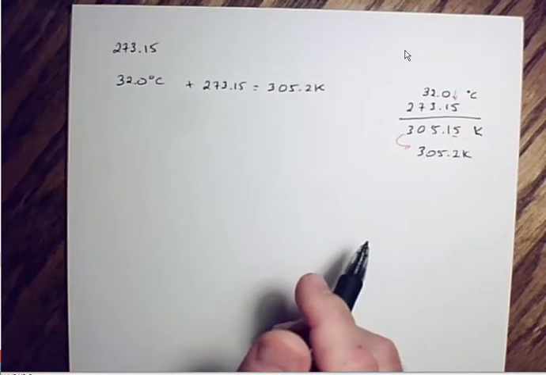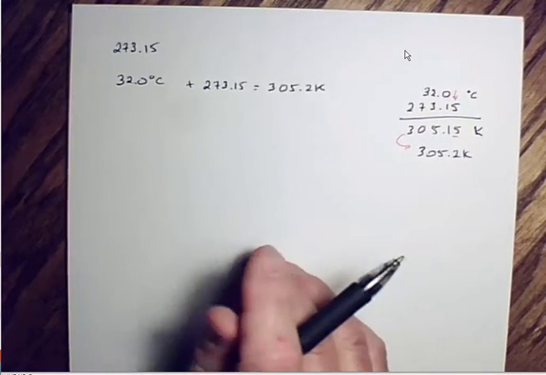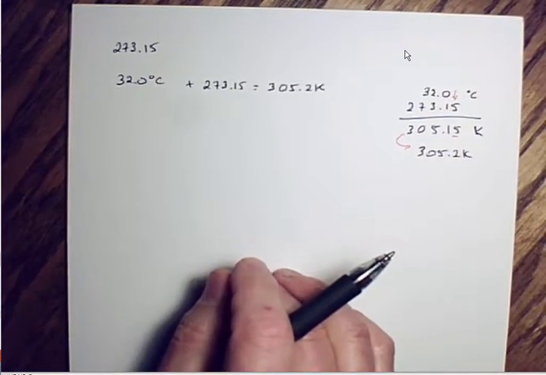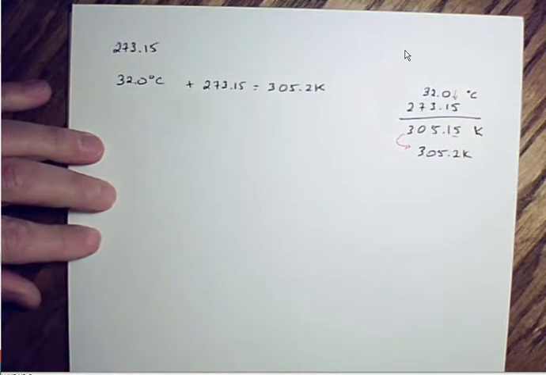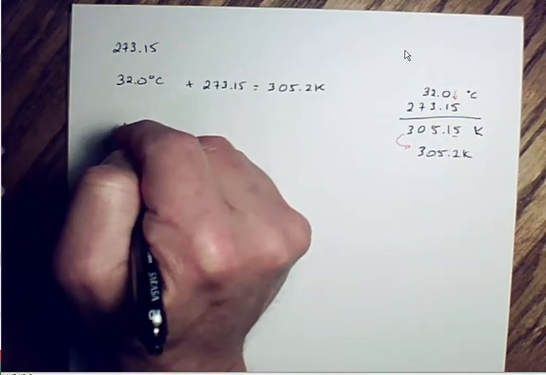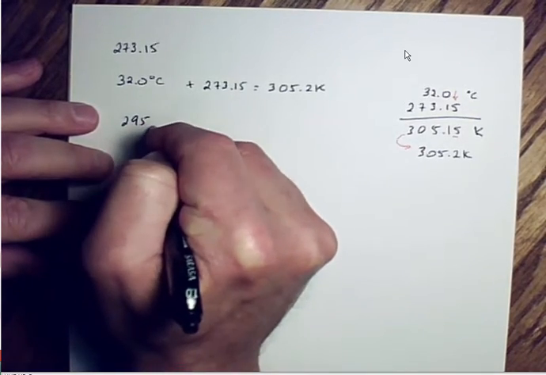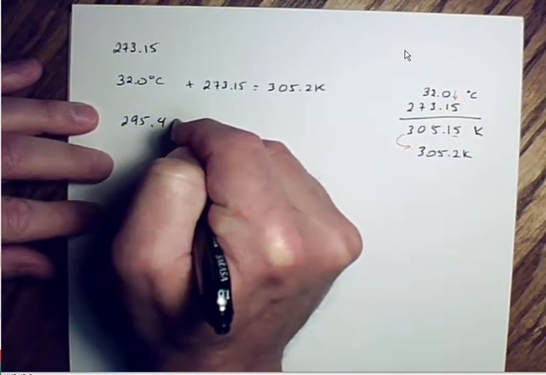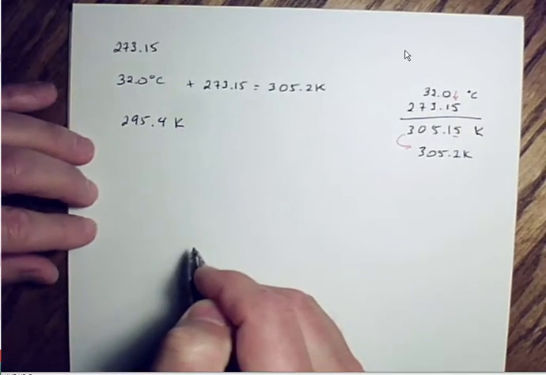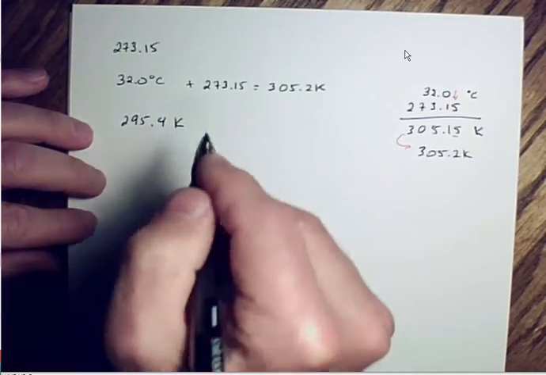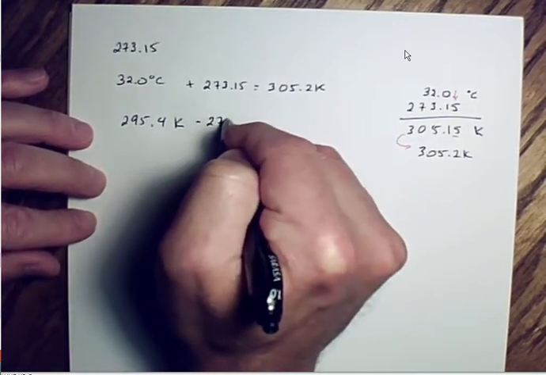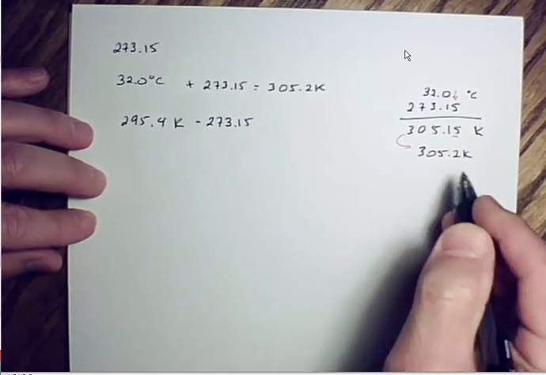Okay, listen. Now, suppose that you have an answer to a problem in Kelvin, but the prompt says to give the answer in Celsius or in centigrade. Then you're going to subtract. So let's say I have an answer that is 295.4 K. In order to get the temperature in Celsius, I've got to subtract 273.15.